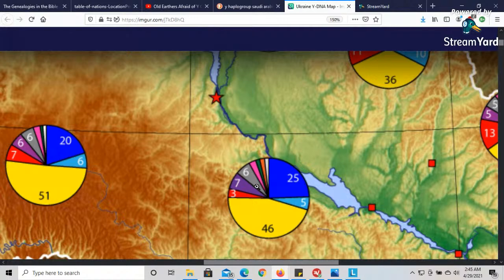We still have the purple, which is the N, right? But we still have the, okay. Now we're having more of the T. This brown color, we're having more of the brown color here, and we still have the Canaanite signature here.